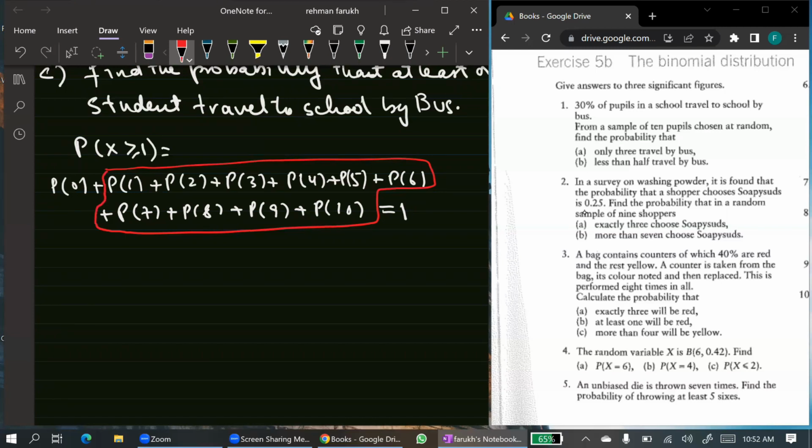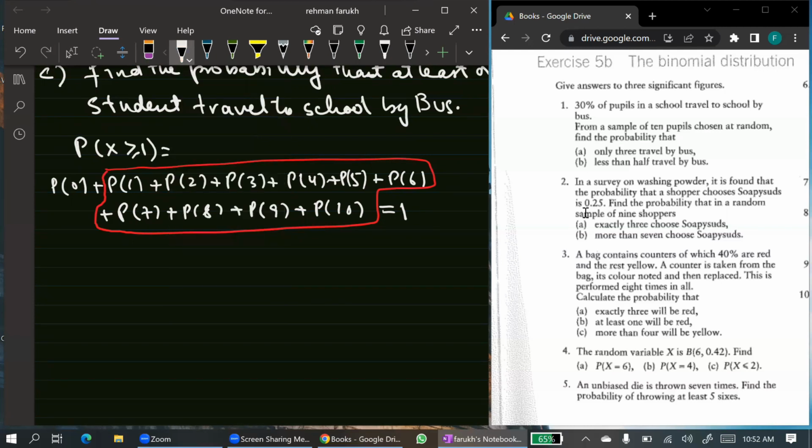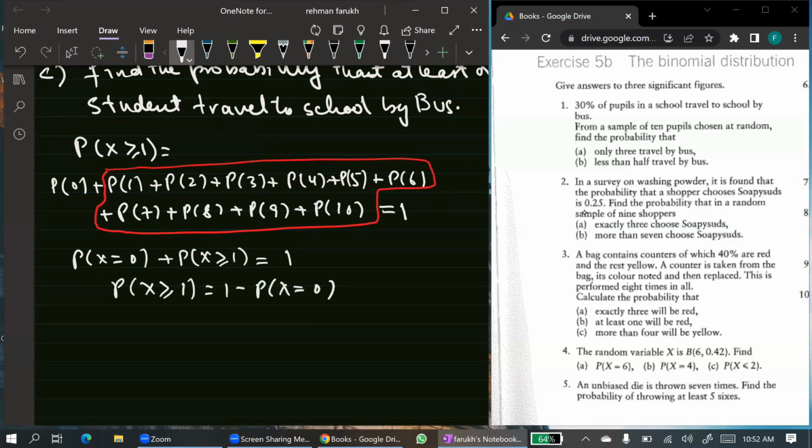Okay, we will write down all these numbers like this. Probability of x is equal to 0 plus probability of x is greater than or equal to 1 is equal to 1. So probability of x is greater than or equal to 1 is equal to 1 minus probability of x is equal to 0.